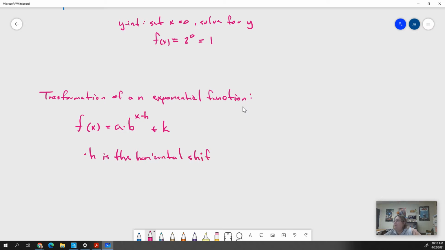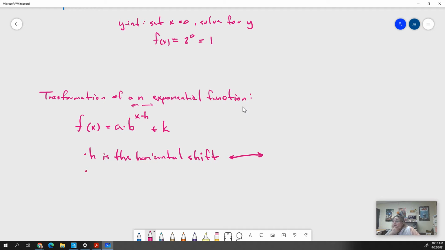It shifts from left to right. So if this is x plus 5, it goes this way 5. If this is x minus 5, it goes this way 5. And I know that's contrary to how you feel like it should be, but trust me on this one. Because our formula itself is minus h, for it to be a plus 5, we would have had to put in a negative 5.